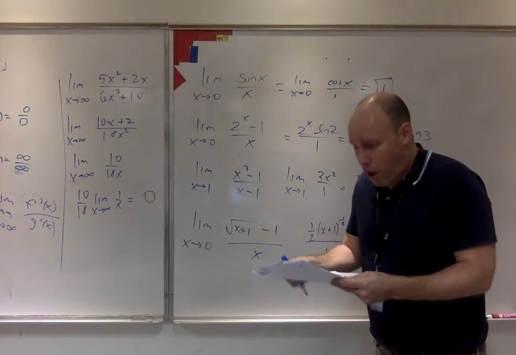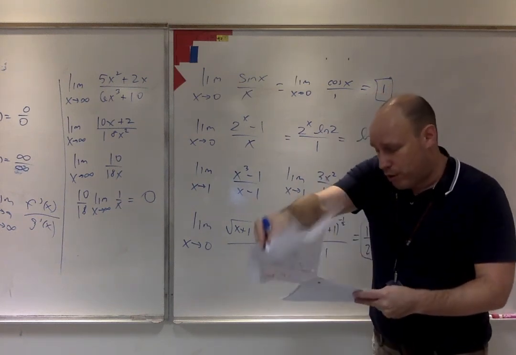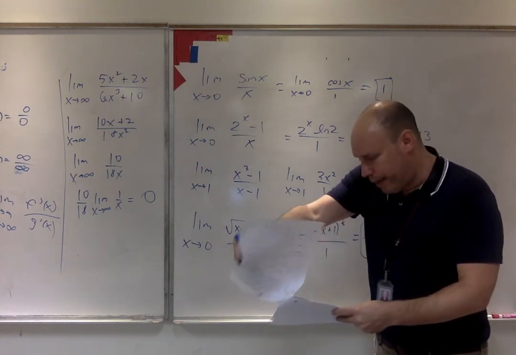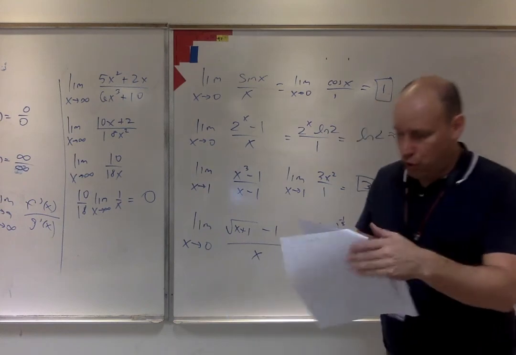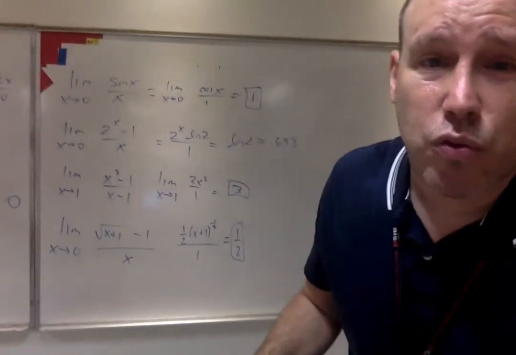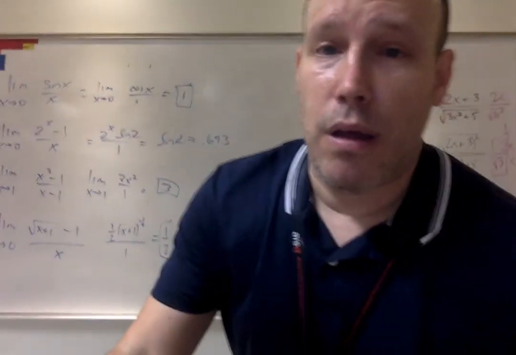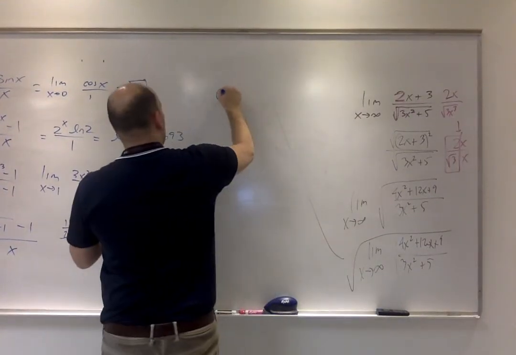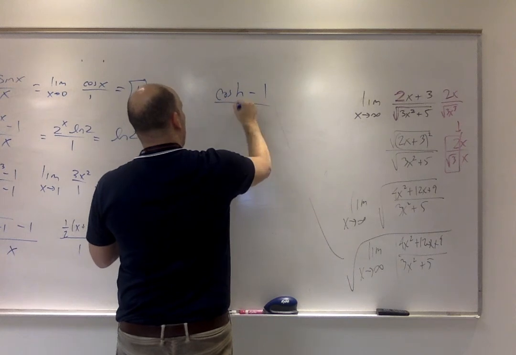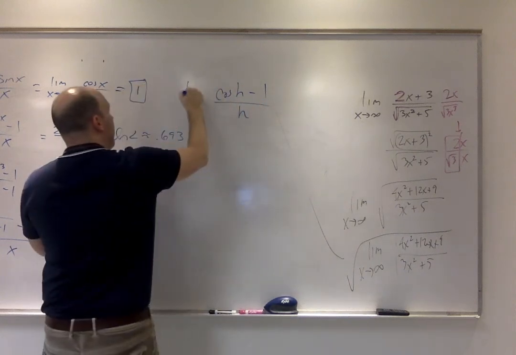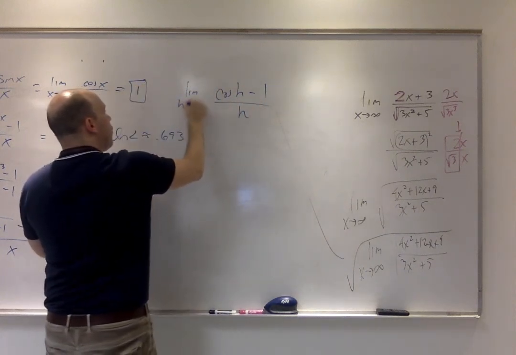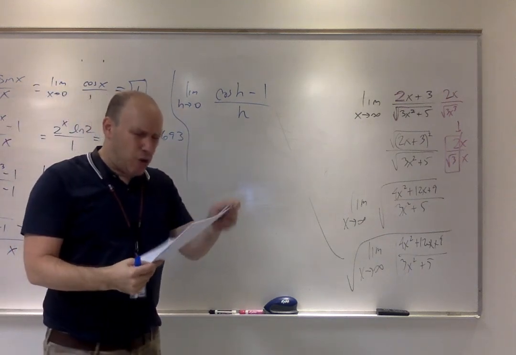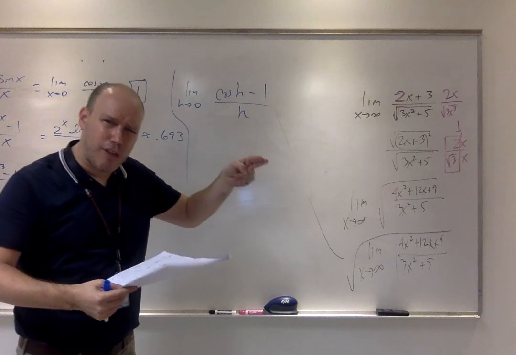Let's try another one, the last one. Let's go back to the squeeze theorem, when I made you do that cosine. Let's look at that cosine. How about cosine of h minus 1 over h, the limit as h approaches 0. So, Mr. Adler, do I have to multiply top and bottom by cosine plus 1?